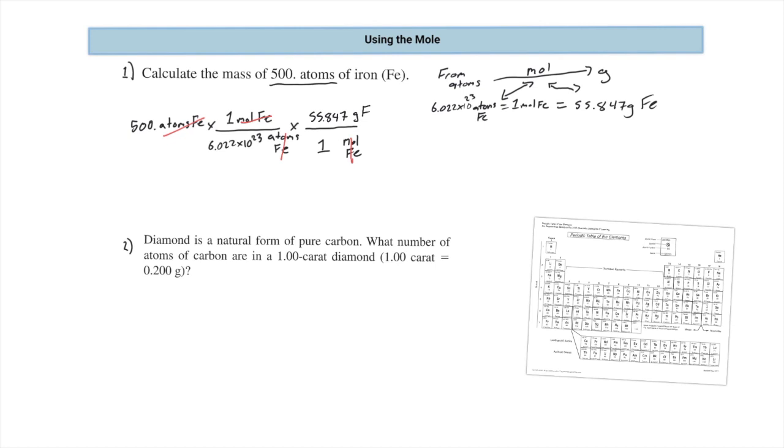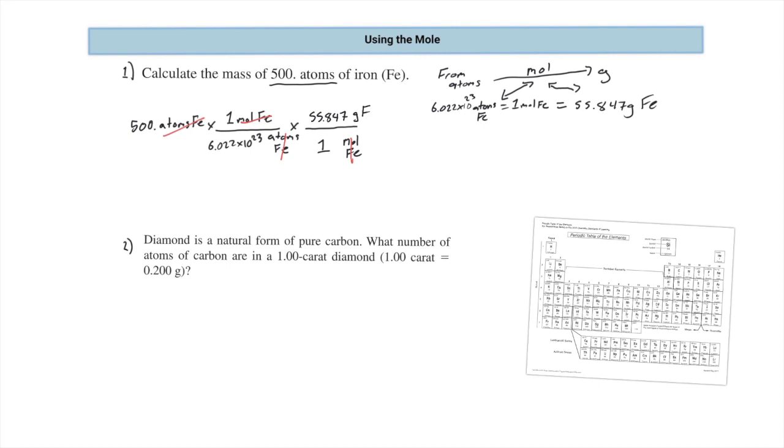Now we just do our math. So I'm going to multiply 500 times 55.847. Then I'm going to divide that by 6.022. And that's a nice big number that I can't read very well.